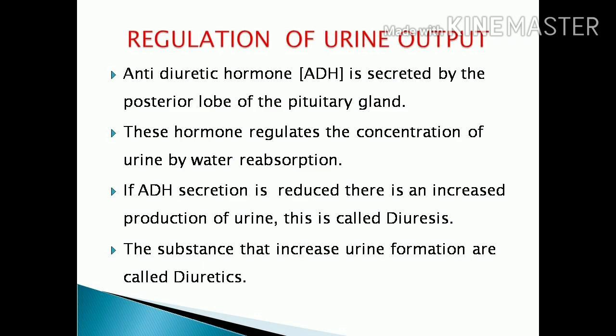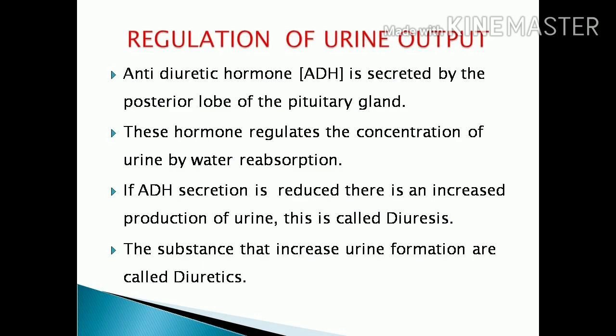If ADH hormone is secreted in a lesser amount, it leads to an increase in urine output. So if there is less secretion of ADH hormone, the production of urine will become more because water is not reabsorbed by the PCT. So more water comes out from our body in the form of urine.